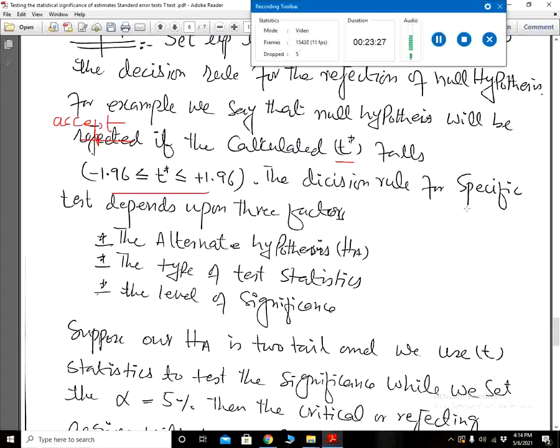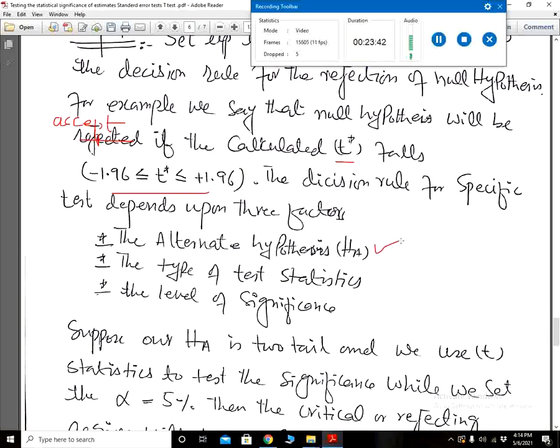The decision rule for a specific test depends upon 3 factors, right? Which type of test, or what will be the critical region, depends upon 3 factors. Number 1, your alternate hypothesis.